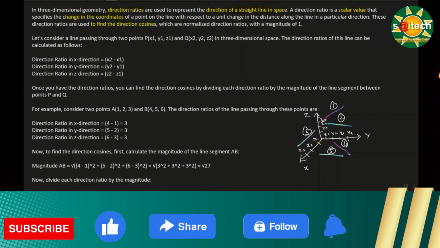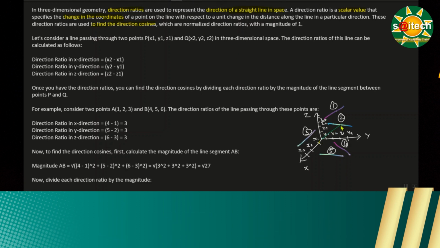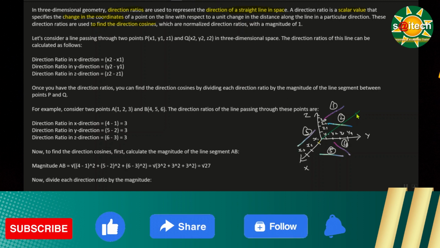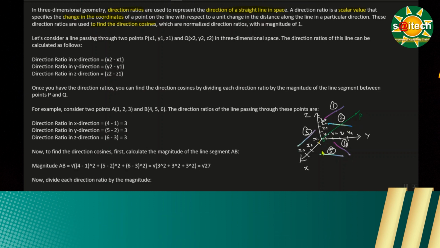What do you mean by direction cosine? For example, let me consider a particular line. Okay, so I am having this green line. This is point P. Let me say this is the origin, OP.